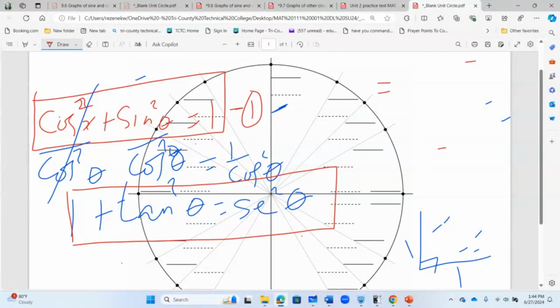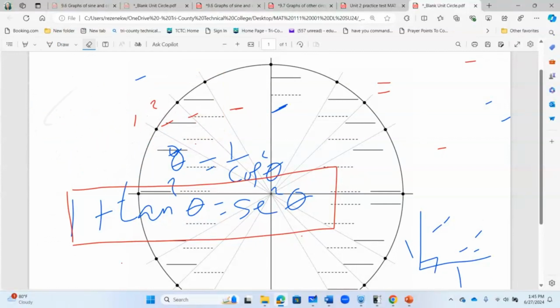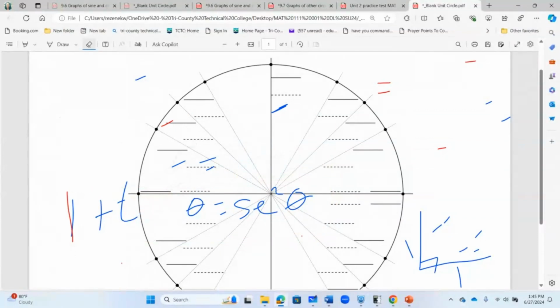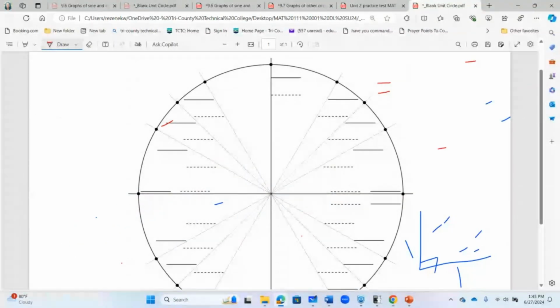Also, suppose I clear all of them, because I still remember that major unit circle identity, or you can call it the Pythagorean identity. Suppose I still write sine squared theta plus cosine squared theta equals 1.